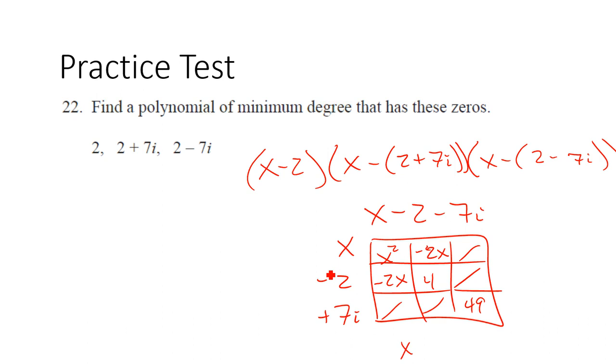So we get x squared minus 4x plus 53, and then x minus 2 on the side. So we're going to get x cubed, negative 4x squared, 53x, negative 2x squared, 8x, and negative 106. And so I'll have x cubed minus 6x squared plus 61x minus 106.